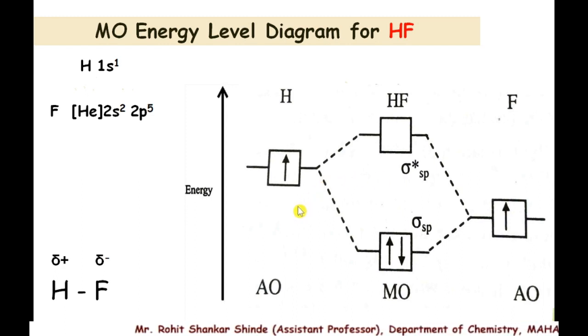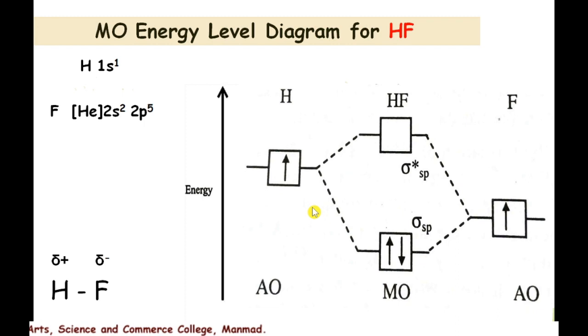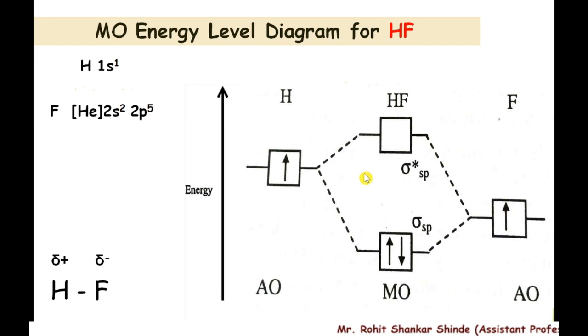Here, the atomic orbitals of more electronegative element, that is fluorine, contribute more to the formation of bonding molecular orbital. Similarly, the atomic orbitals of less electronegative element contribute more to the formation of anti-bonding molecular orbital and less to the bonding molecular orbital.